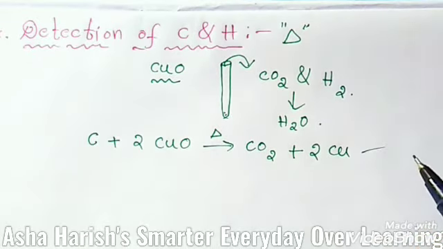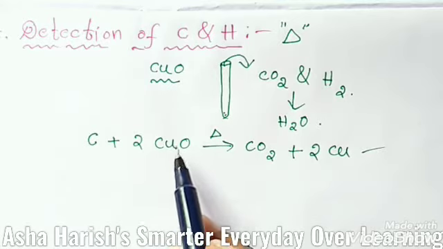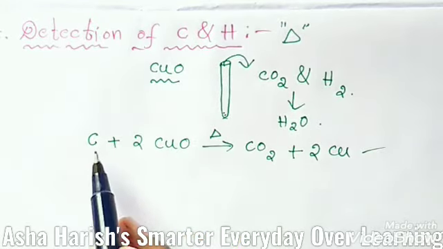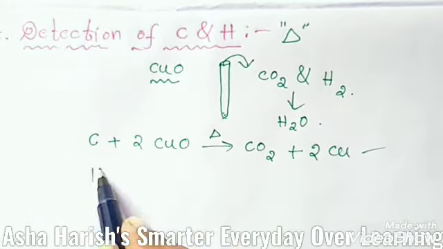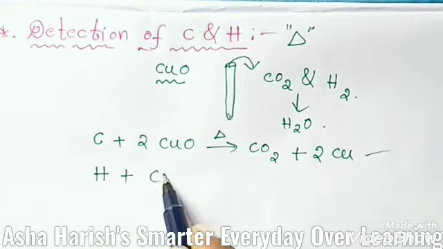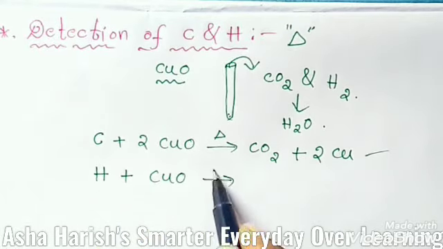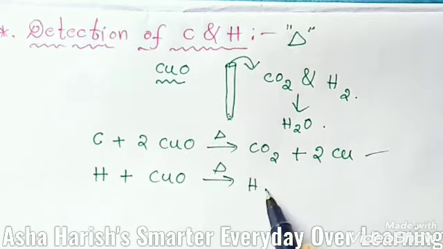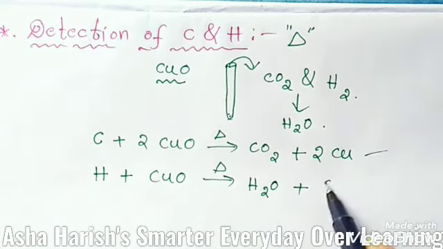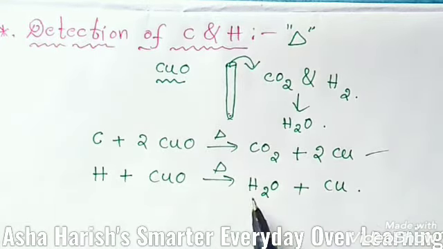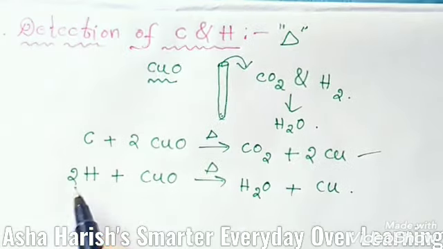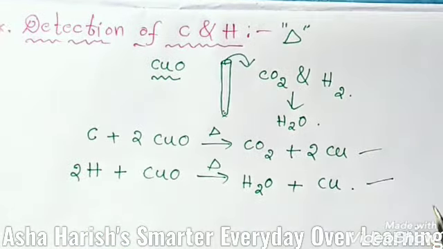This is the main equation for the combustion with cupric oxide and carbon. And if you add the same cupric oxide to hydrogen and heat it, water will be formed along with copper. Here if you balance this equation, 2H and 2H2O.